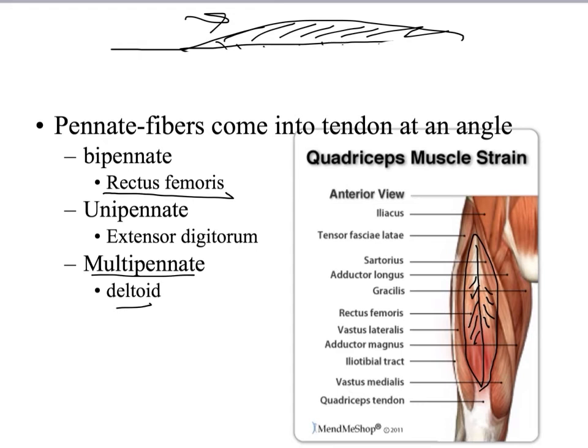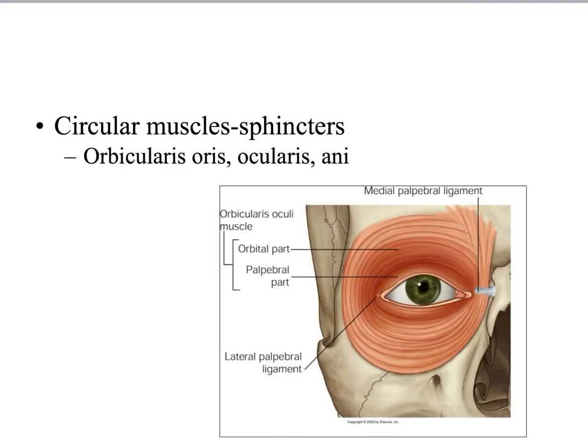Go ahead now and pick up your arm, raise your elbow to where it's level with your shoulder, and you'll see you can move that arm in a nice circular motion. That's because of the deltoid muscle and the multipinnate attachment. Again, for testing purposes, simply be able to identify the type of muscle. It's going to be a matching or multiple choice situation. This is always pretty easy for people.